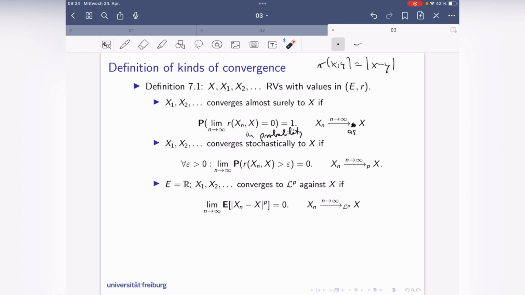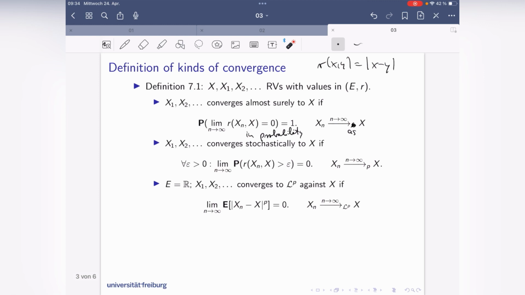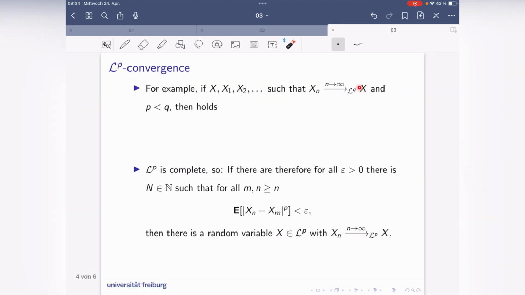Okay, several simple things. For example, if you have convergence in LQ to X, and p is smaller than q, then I will show you that then Xn goes to X also in LP.